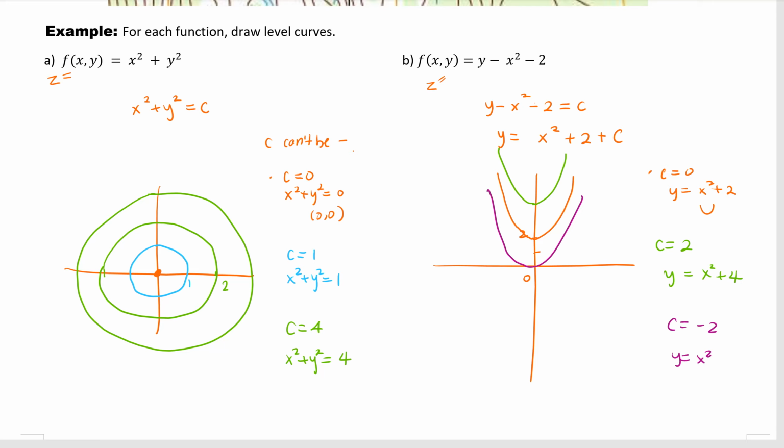So we can see it's a lot of parabolas. I didn't draw very nicely, but anyway, they're all parabolas. So we pick some values of c, then we can draw different level curves. Okay. Let's continue.